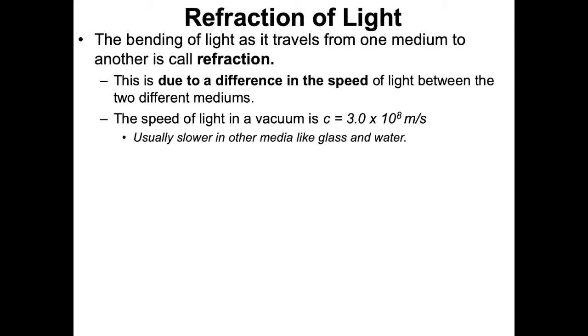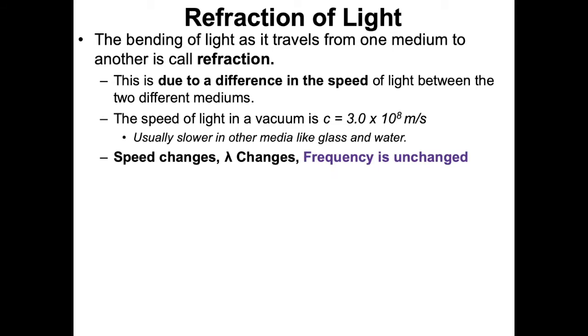It's usually slower in other mediums like glass and water. Once you're traveling through another medium, light's not able to travel as quickly as it does through a vacuum. So speed can change. Wavelengths can change in a medium. The only thing that does not change in the refraction of light is the frequency.